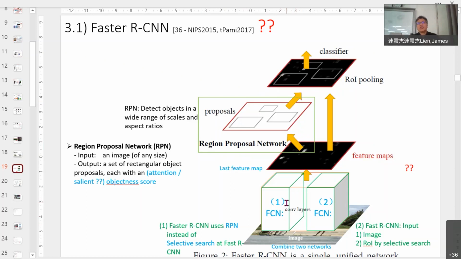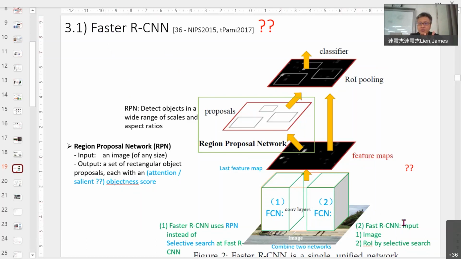Multitask means either you have multiple inputs or multiple outputs. Multiple outputs means you have multiple loss functions, a total loss. So you can combine different networks into one network. In Faster R-CNN, they combine two networks.